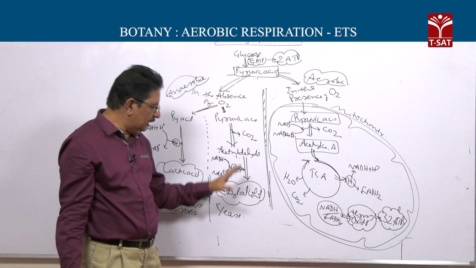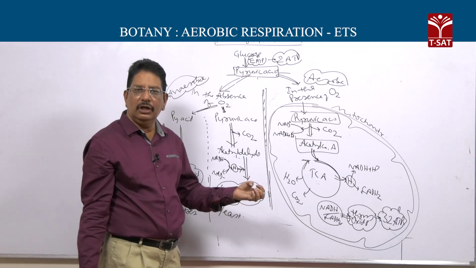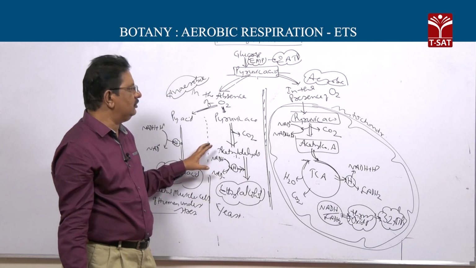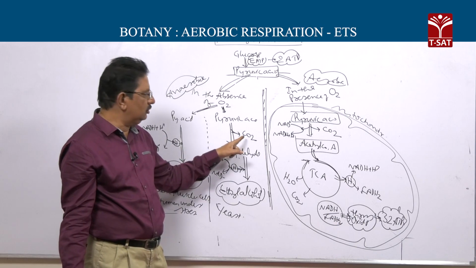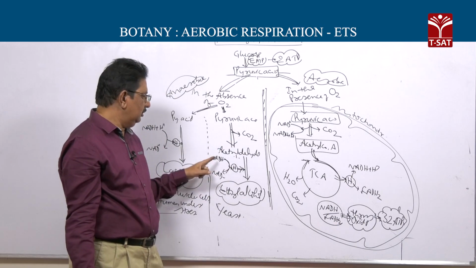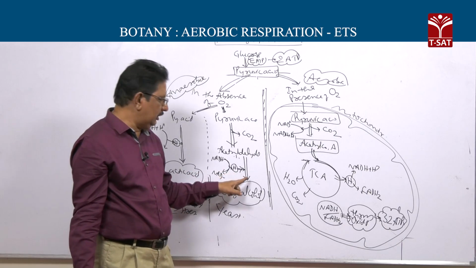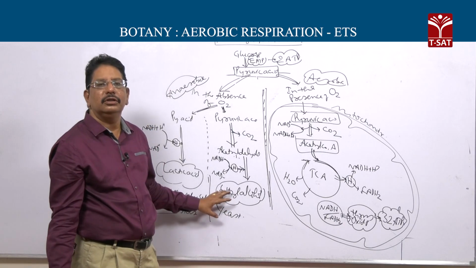And then in yeast, Saccharomyces, a unicellular fungus, in the absence of oxygen, the key product of glycolysis first undergoes decarboxylation, then forms acetaldehyde, which later undergoes reduction, not oxidation, and converts into ethyl alcohol.